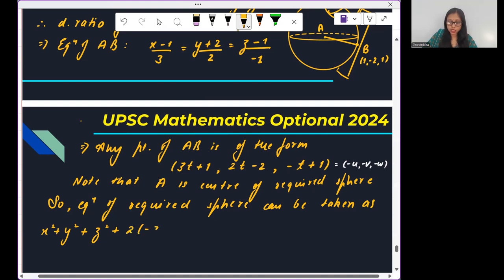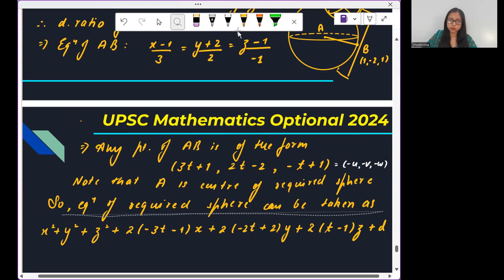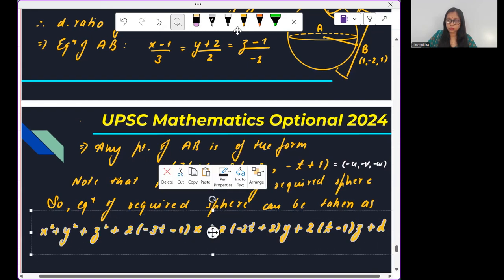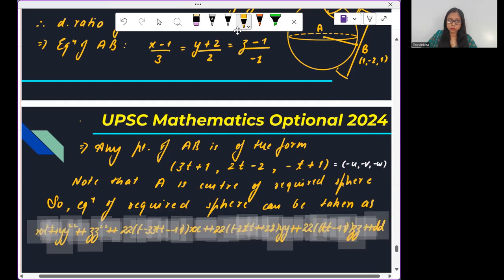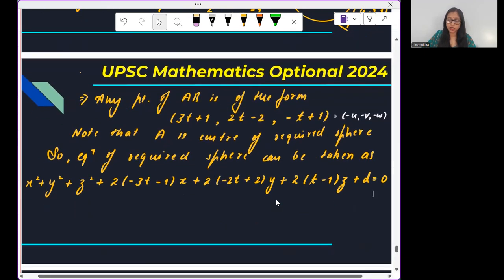Plus 2 times minus 3t minus 1 x plus 2 times minus 2t plus 2 y plus 2 times t minus 1 z plus d is equal to 0. So the equation of the required sphere can be taken as this.